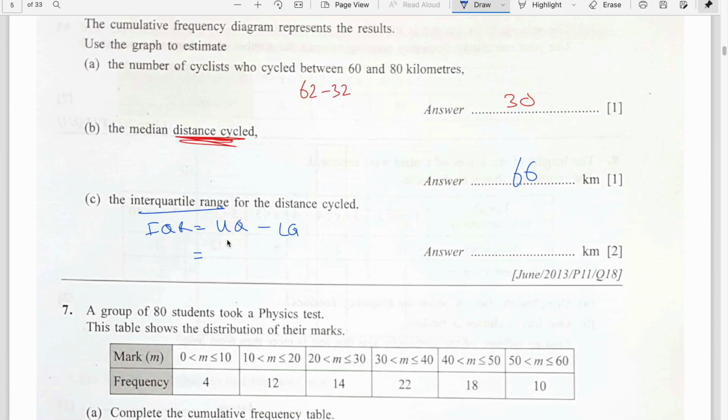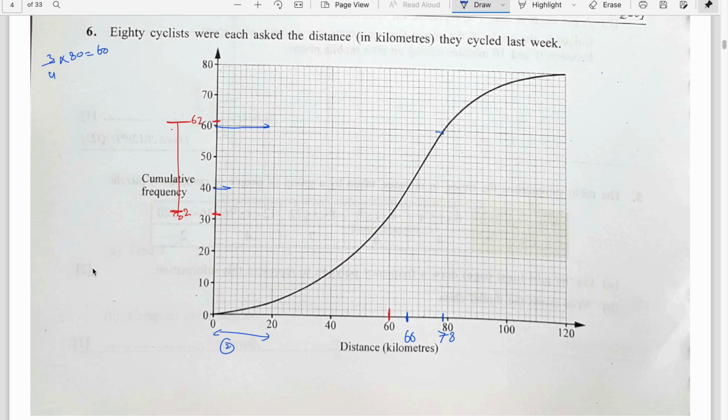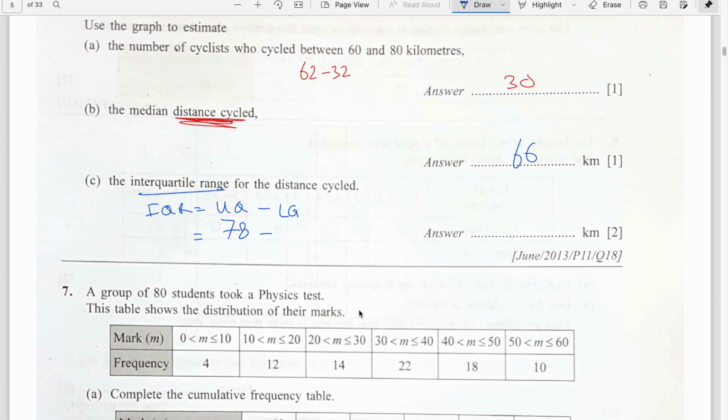Upper quartile is 78 minus the lower quartile. 1 by 4 of the total, or 25% of the total. So we move horizontally from 20 and I get 48. So interquartile range is 30.